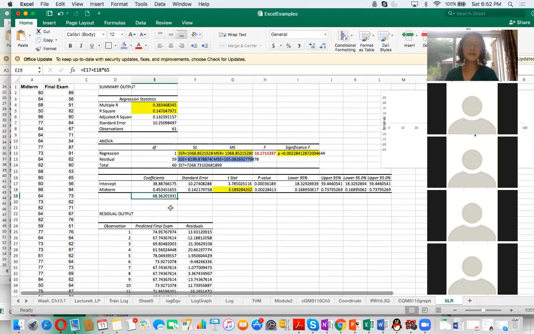So I predict the student's final exam would be 68 based on the midterm of 65. Remember, these two numbers help you write down the linear regression equation. Once you have the equation, you can make a prediction.